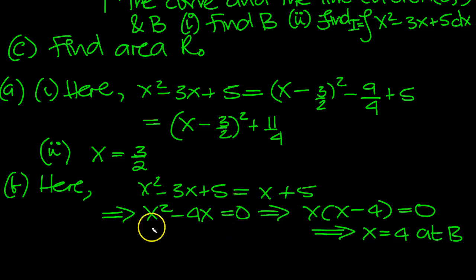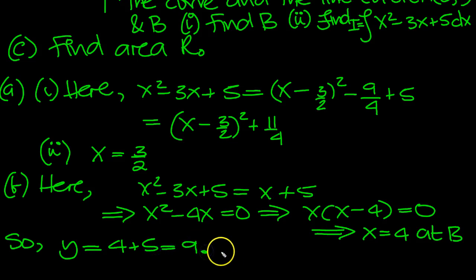So x is 4, so y is equal to x plus 5, wasn't it, here? So it's 4 plus 5 equals 9. B has coordinates 4 and 9. So there's our coordinates for B.